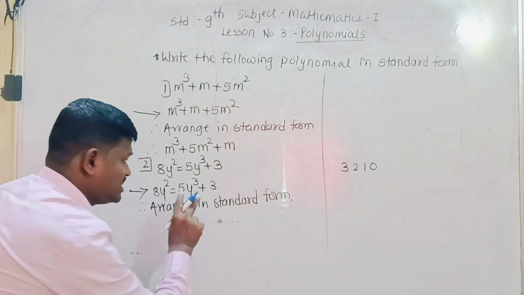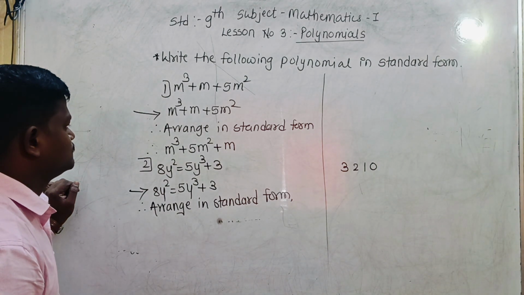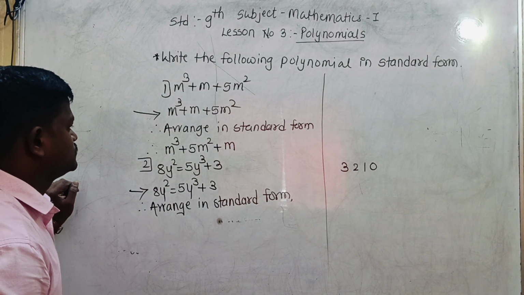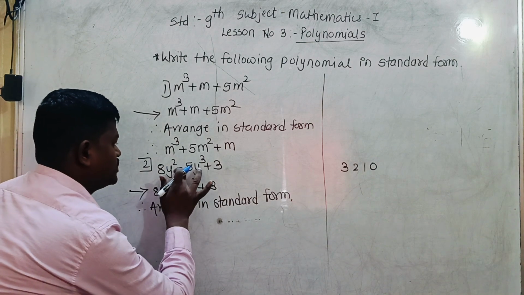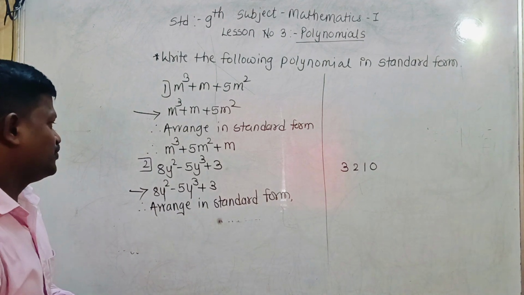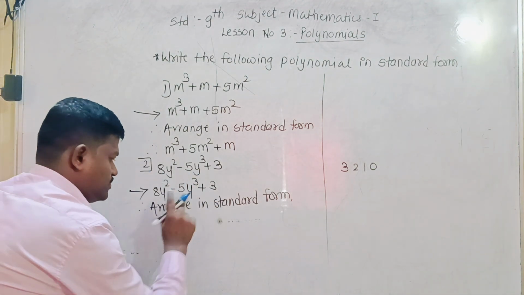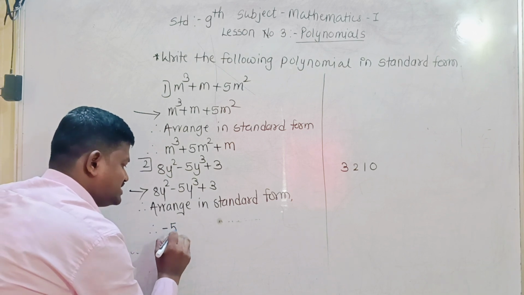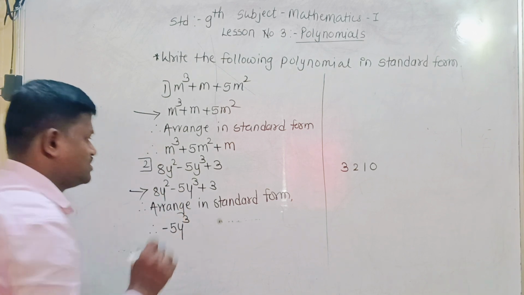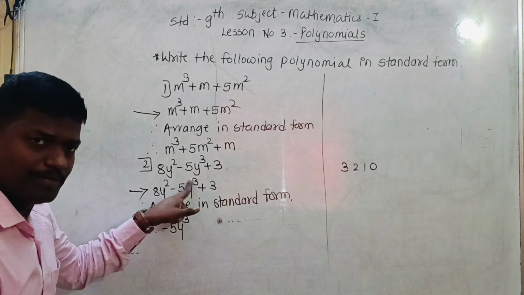Wait, the sign is wrong. See, the minus sign is there. So we have to arrange, right? First of all, write down the highest degree, that is with the minus sign, minus 5y cube.